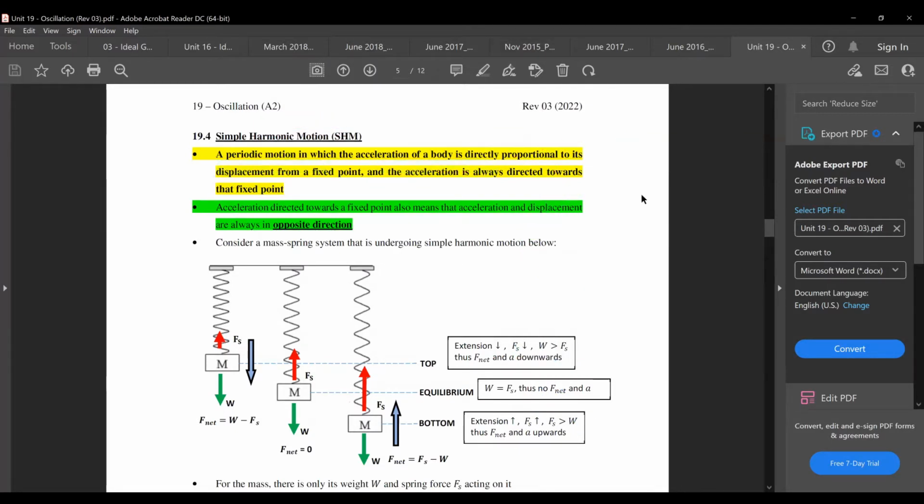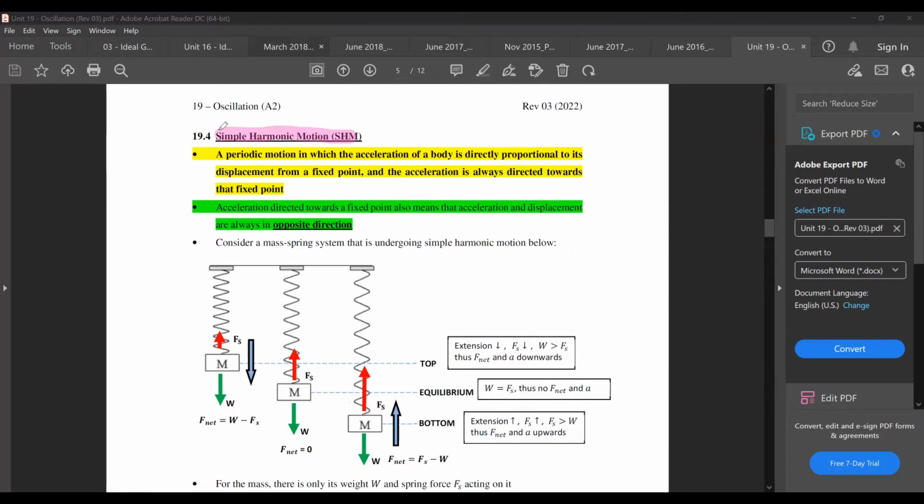Now, oscillation, as I mentioned, is just simply repeated back and forth motion on either side of an equilibrium position. When it comes to oscillation, there is a very special kind of oscillation called simple harmonic motion.